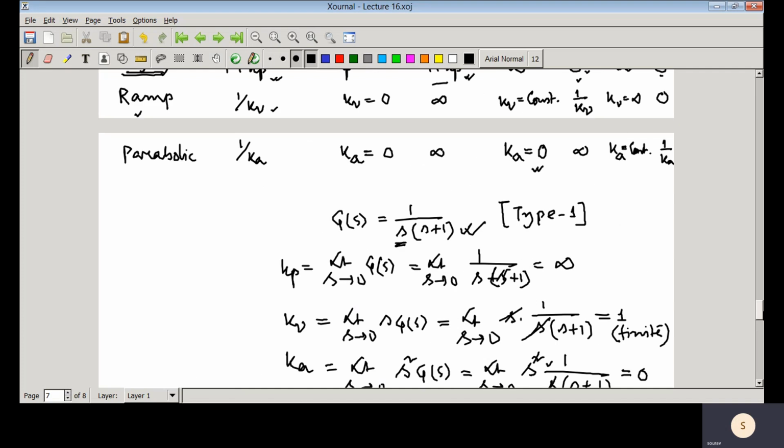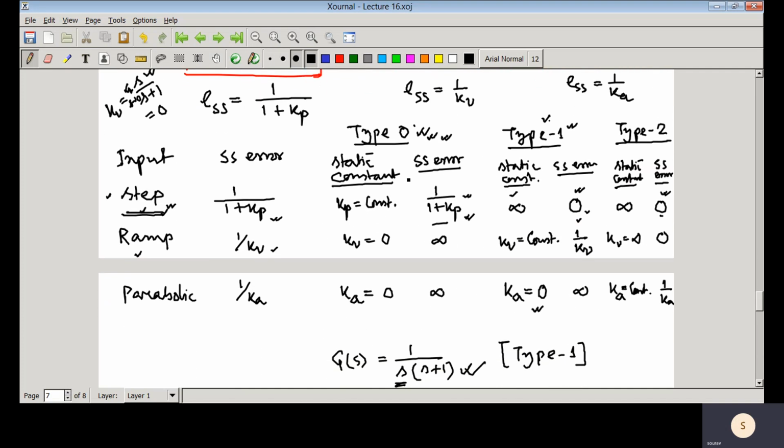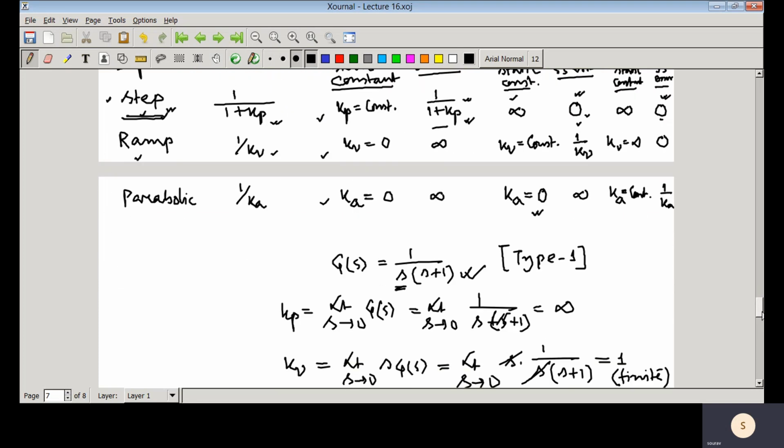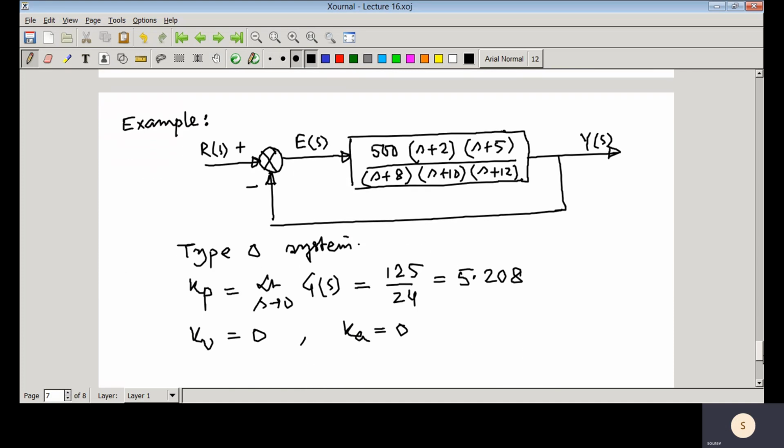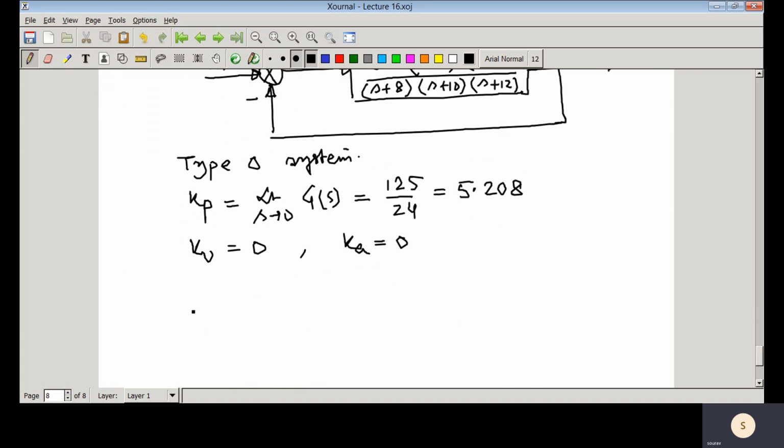You can also see it from this particular table: for a type 0 system, Kp is constant, and Kv and Ka you will get 0. So from here you can see what the steady state error would be. The steady state error ESS for step input is equal to 1 by 1 plus Kp. Kp is 5.208, so you will get 0.161.